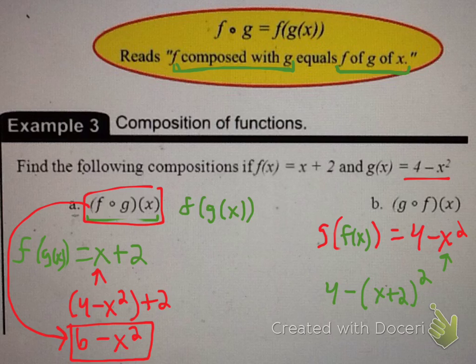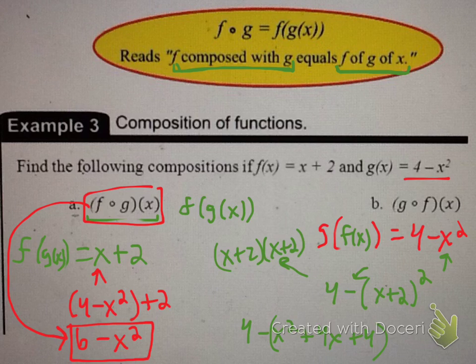Well, x plus 2 squared is really x plus 2 times x plus 2, which is x squared plus 4x plus 4. And there's a negative out in front. So 4 minus that.